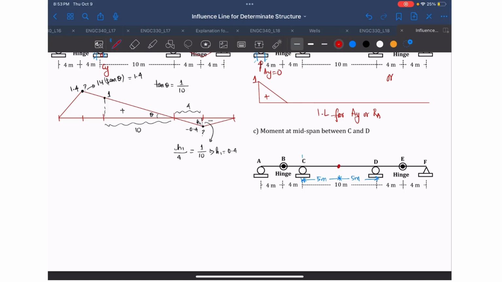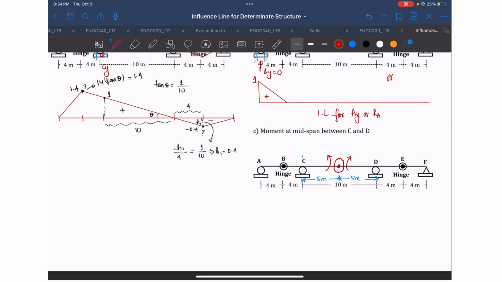Here the constraint is a moment initially. Now you have to release it by introducing an internal hinge, and then you rotate this clockwise, and this will be counterclockwise, because we always follow the positive sign convention.